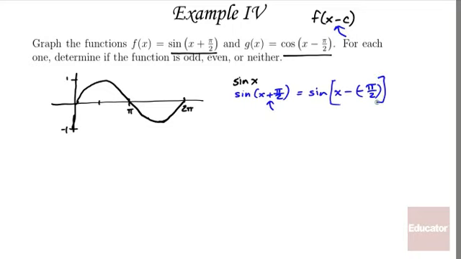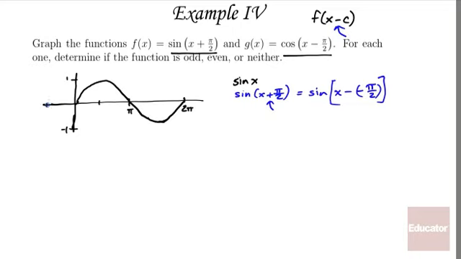So it moves the graph over negative pi over 2 units, which means it moves it to the left pi over 2 units. So I'm going to take this graph and move it to the left pi over 2 units.